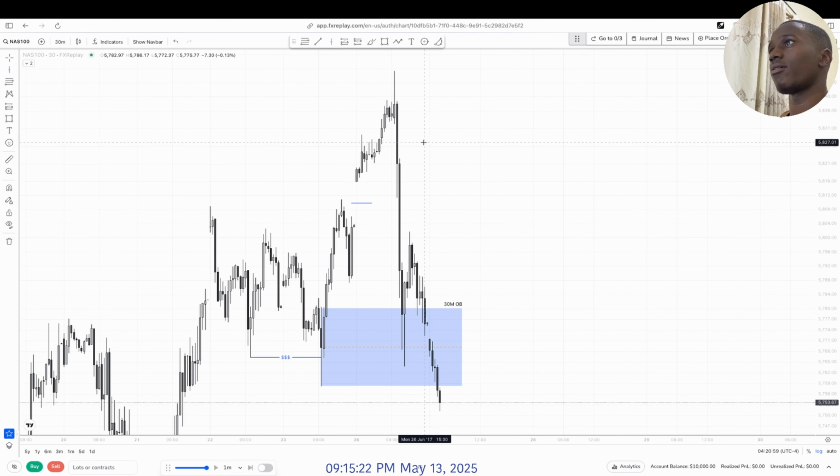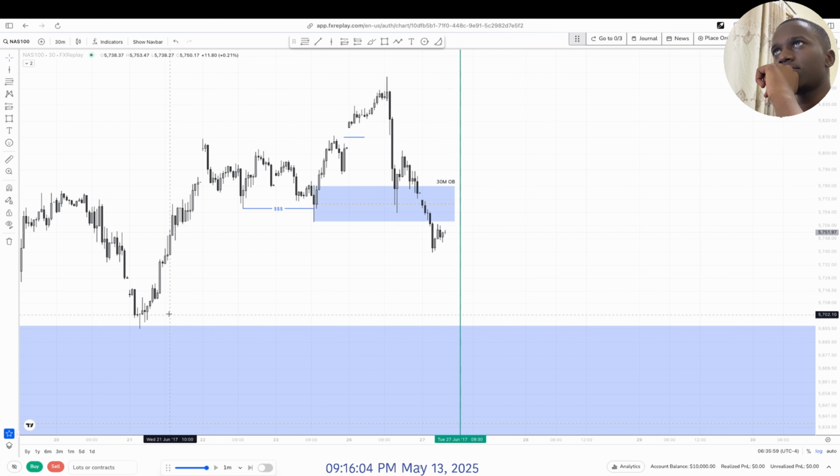We have a fair value gap here, quarter block right here, so maybe this will be the next stop. Let's see. Breaker here as well.